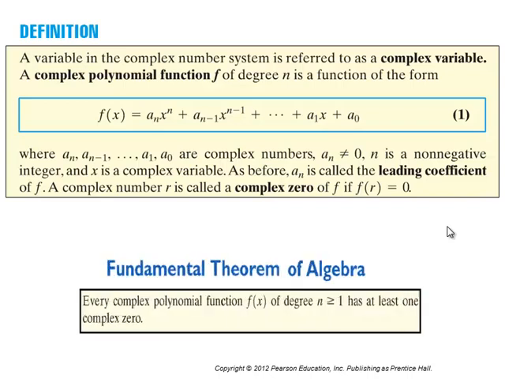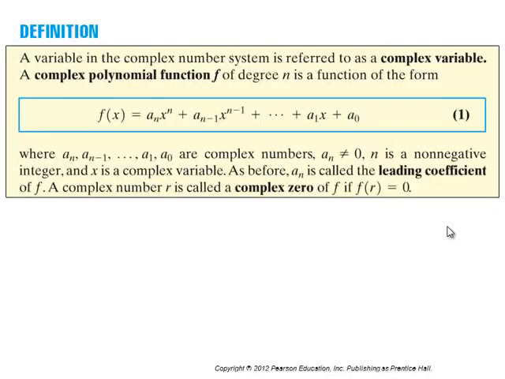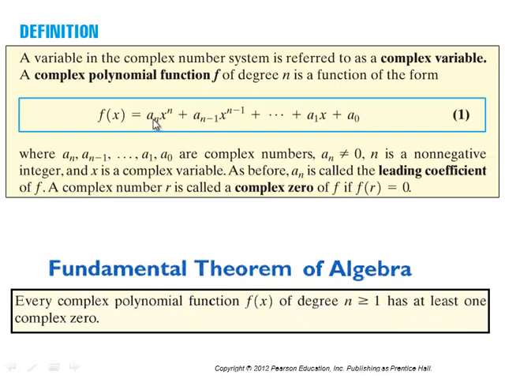We're going to now finish up chapter 5 by taking a look at finding all the complex zeros in addition to the real zeros of a polynomial. When we talk about a complex polynomial, we're talking about a polynomial that could possibly include coefficients that are complex. And when we talk about a complex zero of a polynomial, we're talking about a zero that could be a complex number.